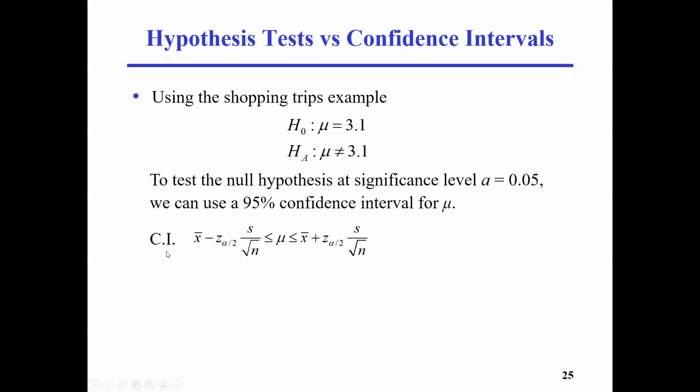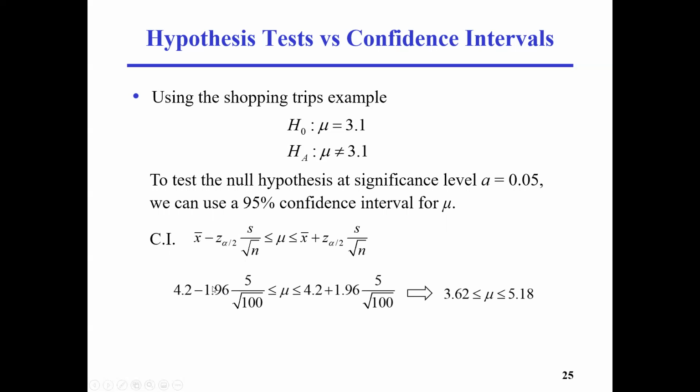This is how we create this CI, confidence interval. Mu should be larger than this value and smaller than this value, and these two values are based on x bar, z half alpha, the standard deviation of the sample, and the sample size.